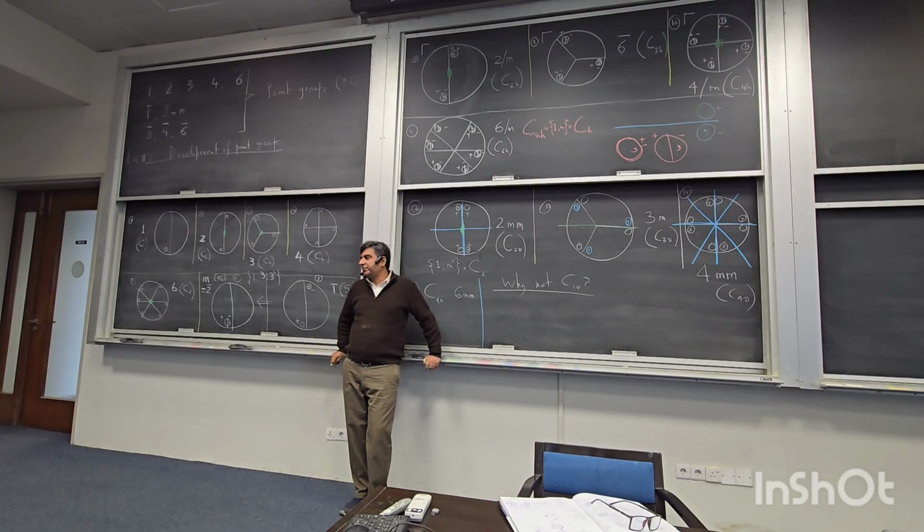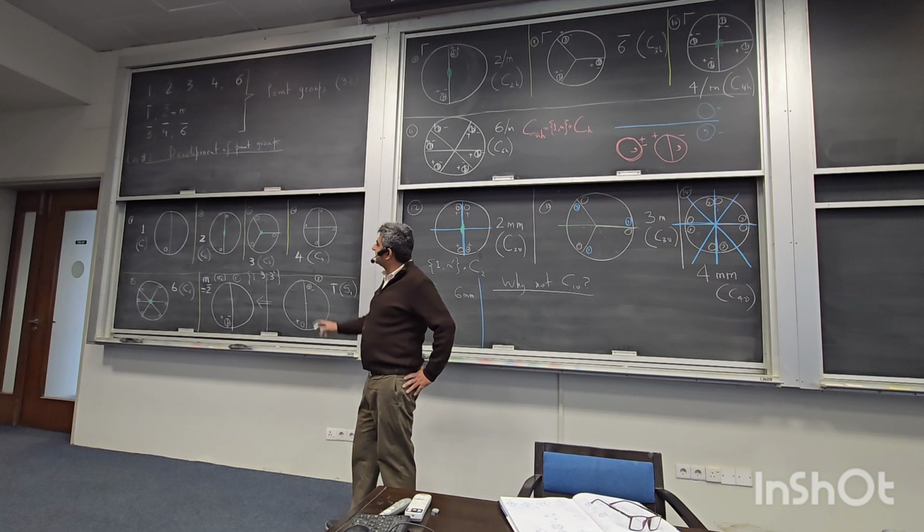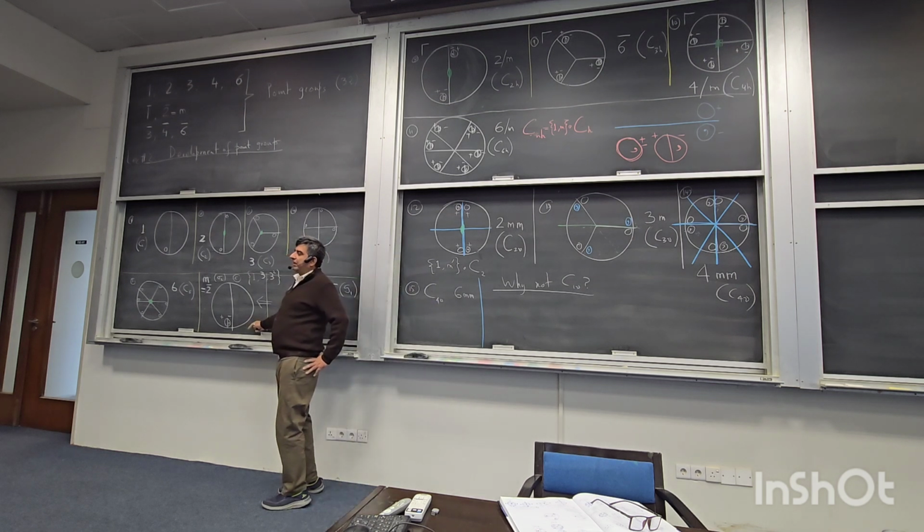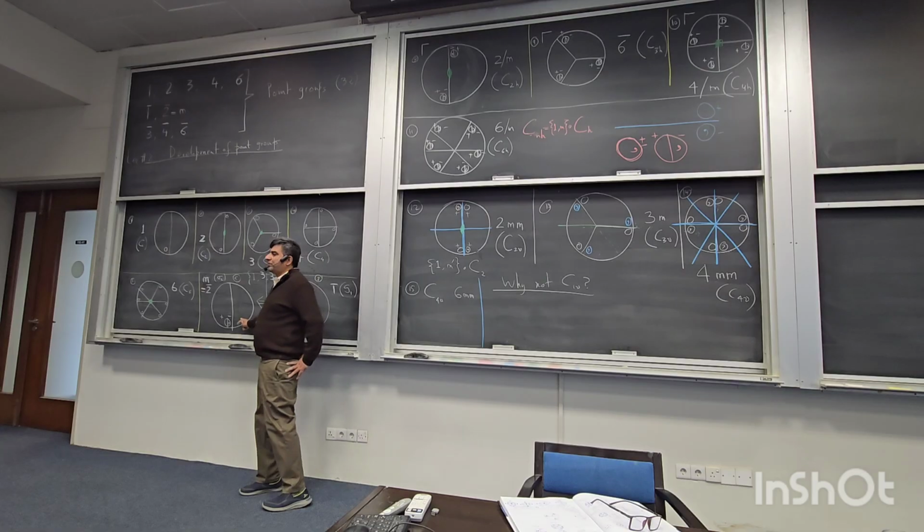I started out with C2, adding vertical planes to C2. Is it the same as C1? No, it's not the same as C1. It's the same as this 2 bar. C1V is the same as this 2 bar.